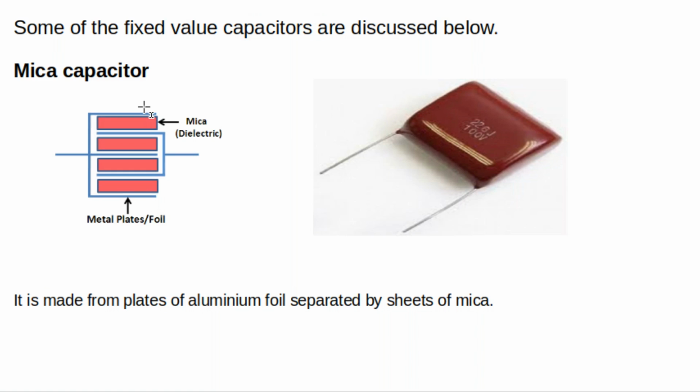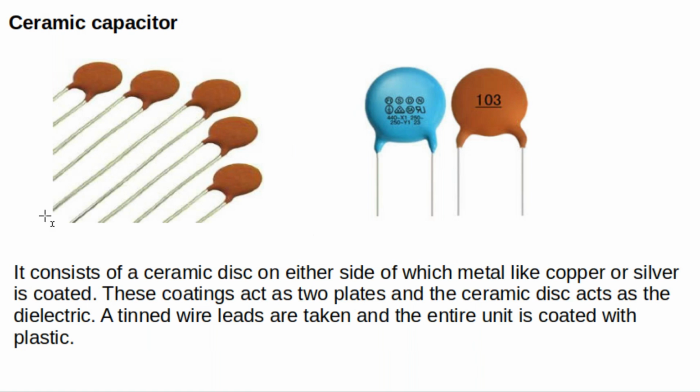Different layers of metallic plates are used and they are connected together to form one plate of the capacitor. So both the plates are arranged in layers. That will help us to increase the area of the plate. And in between these plates we can see the mica is used as dielectric.